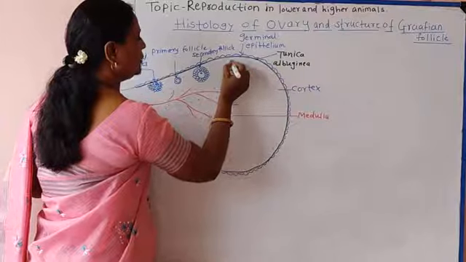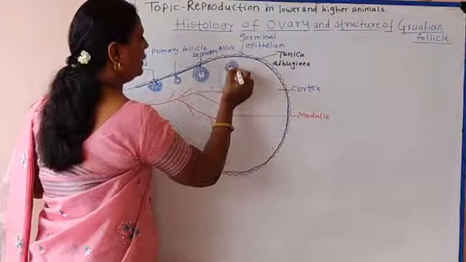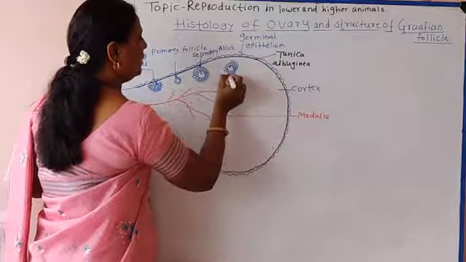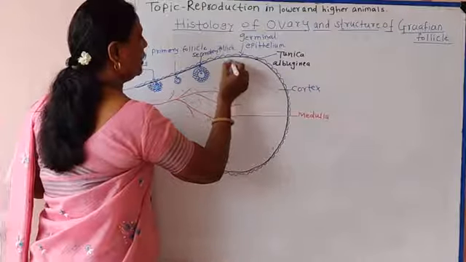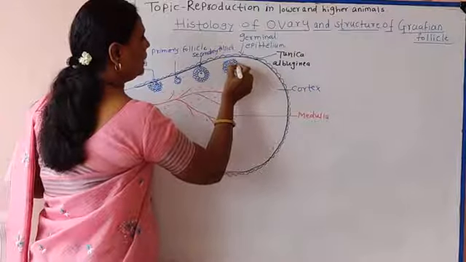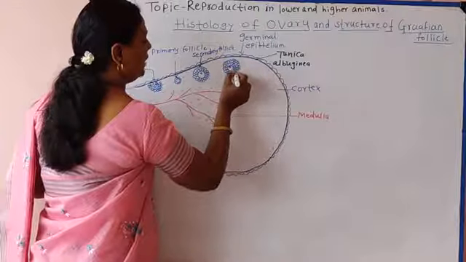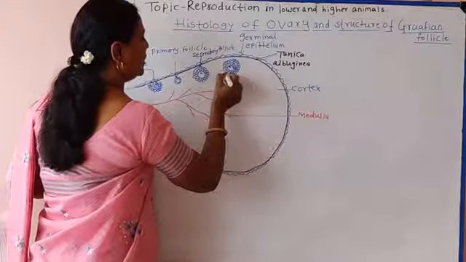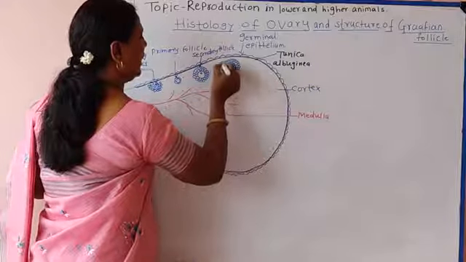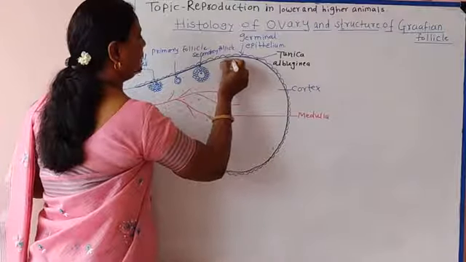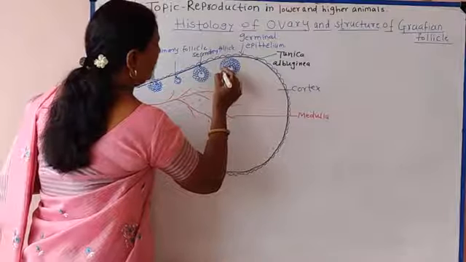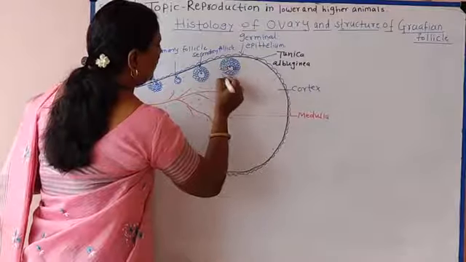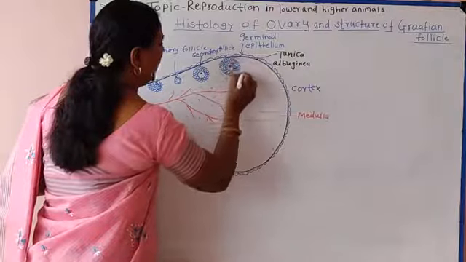Okay, so this is the secondary follicle, and after this secondary follicle again the membrana granulosa cells increase in the number, and they form such a tertiary follicle. Now in the tertiary follicle some space is developed inside the follicle, that is the antrum.